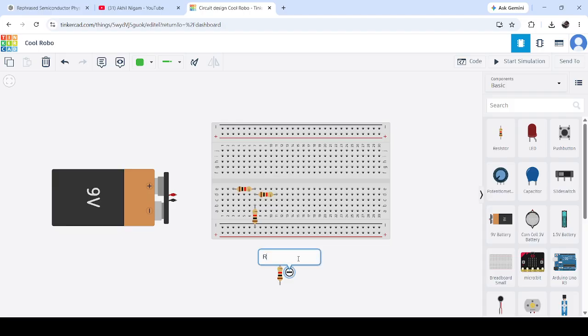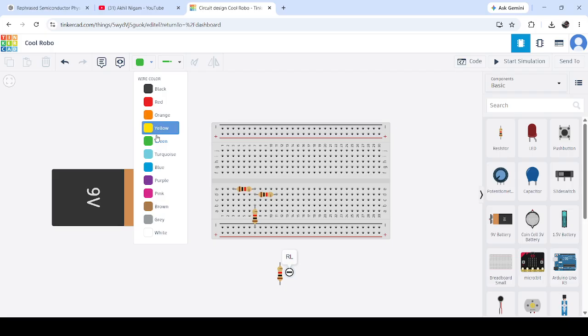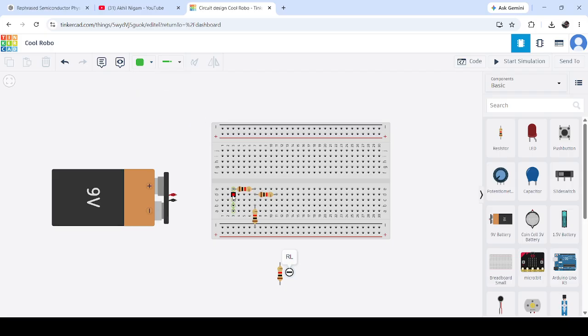So we will mention that as RL. Now we will connect a wire to short circuit the source. You may take any wire from here, which is vertically shorted, so I can connect over there. And from the load side, as you can see, we now have an open circuit.